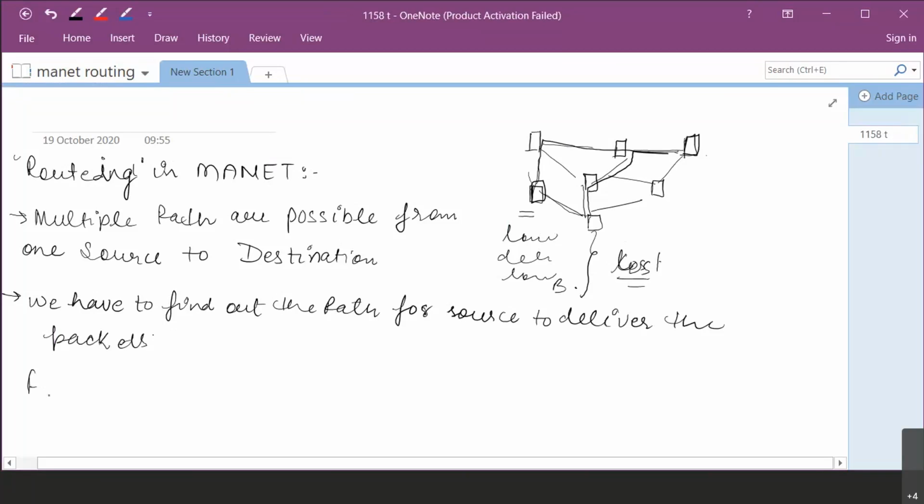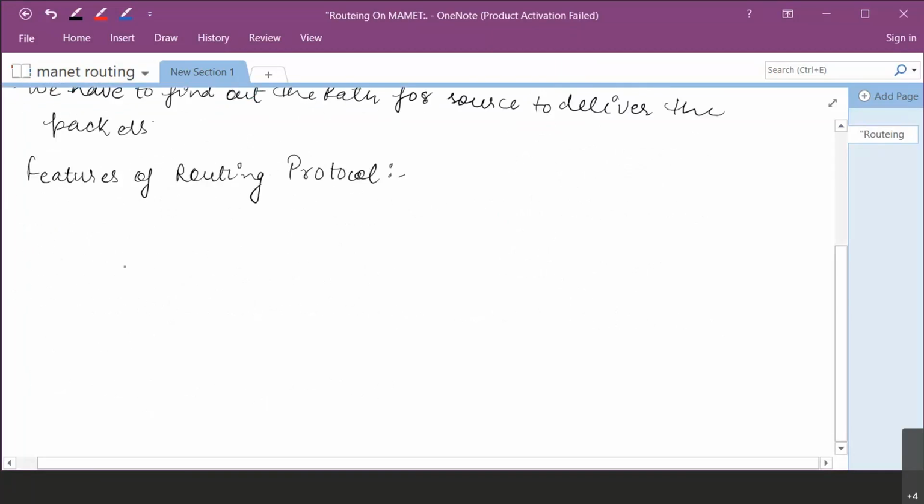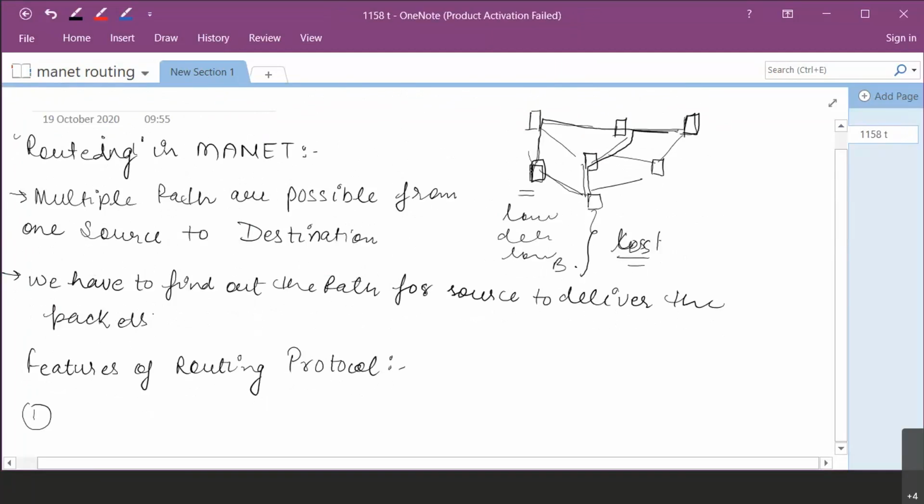So in cooperation with these two points, what should be the features of routing protocol in MANET? The first feature is, because there are so many paths from source to the destination, when the source is forwarding the data towards the destination, the source has to make sure that the packet goes in the correct direction.